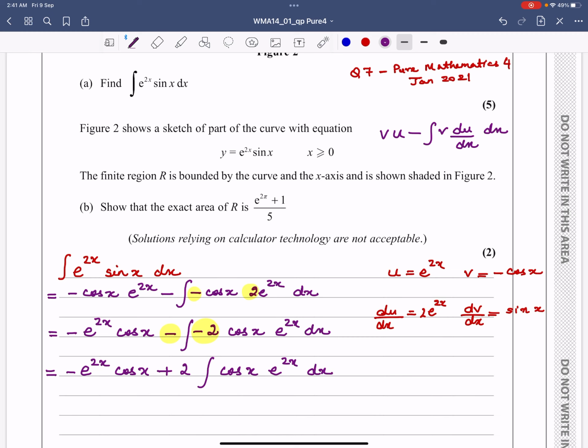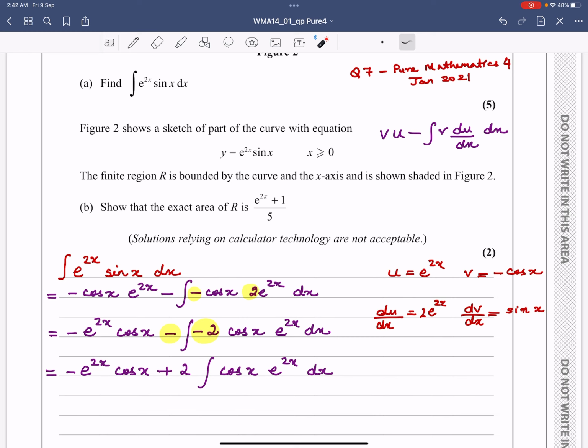Now once again I have come to a point where, to complete this question, I need to integrate again, and this integration will be by the same method, which is integration by parts. So once again I have to choose u and dv/dx. I should be able to differentiate u easily, and the other component that I choose as dv/dx, I should be able to easily integrate.